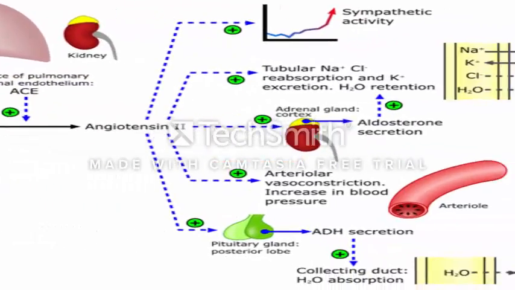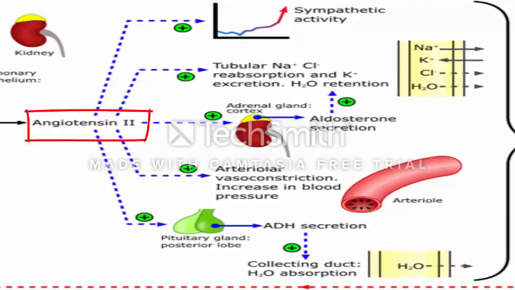All the actions of angiotensin II help to increase the systemic blood pressure and blood volume. It is a potent vasoconstrictor. It constricts afferent arterioles and reduces the renal blood flow, hence decreasing glomerular filtration rate. It will also constrict arterioles elsewhere in the body, thus increasing systemic blood pressure.